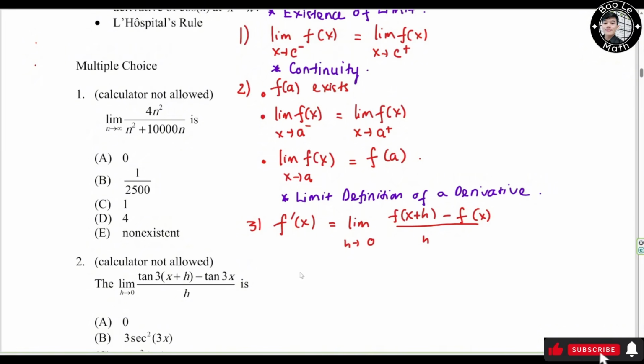Or we have another form: f prime of a equals the limit as x approaches a of f of x minus f of a over x minus a.